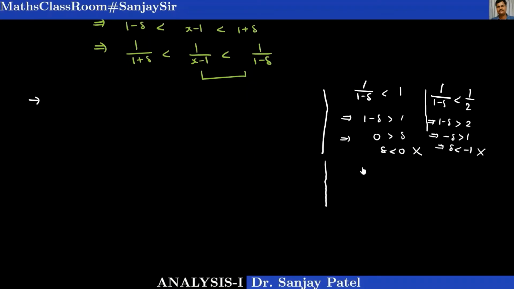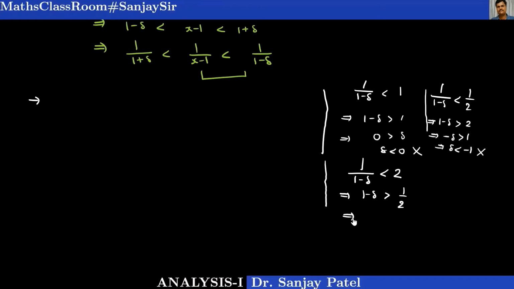So let me try something more than 1. Say 1 upon 1 minus delta, if I want to show that this is less than, say, 2, for example. Now instead of 1, let me take a larger number. What will happen is 1 minus delta is greater than 1 by 2 if you take the reciprocal. If a less than b, then 1 upon a is greater than 1 upon b.